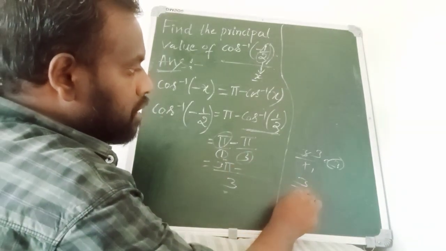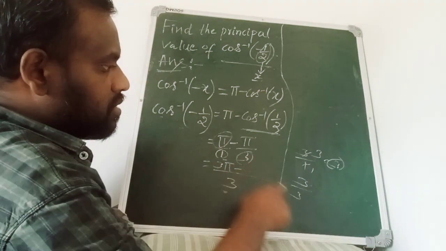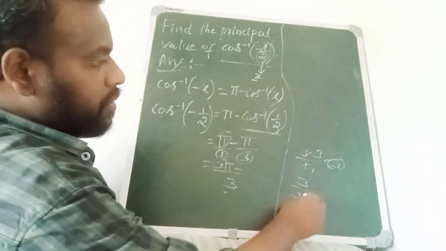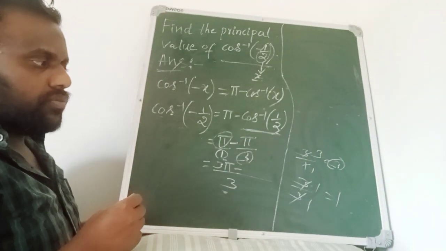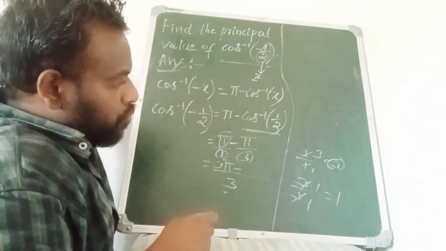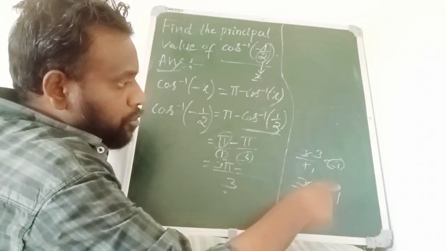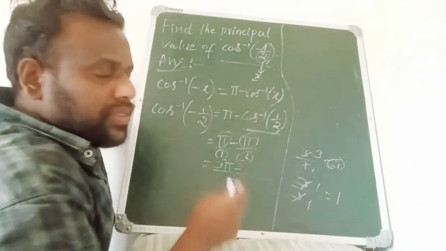So 3 by 3, 3 ones are 3, that is equal to 1. Now we have to multiply this 1 with this numerator pi.